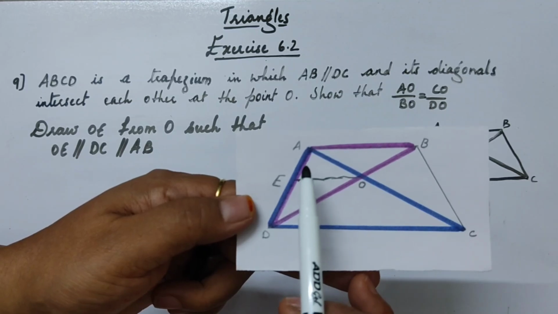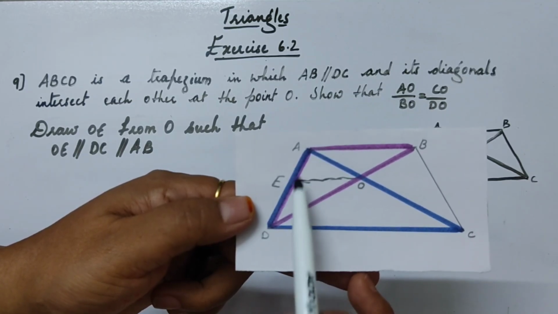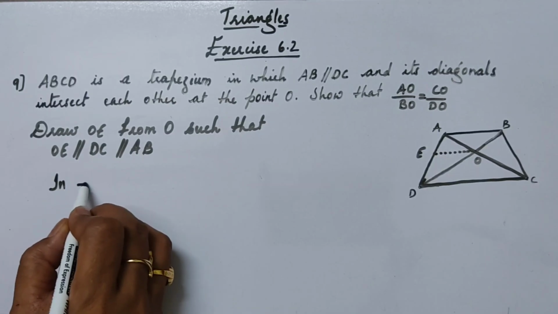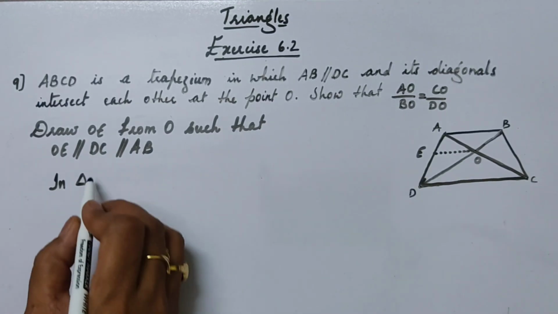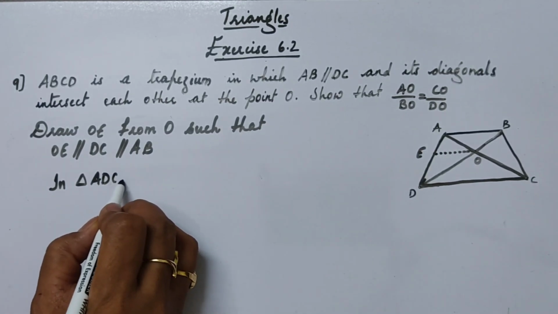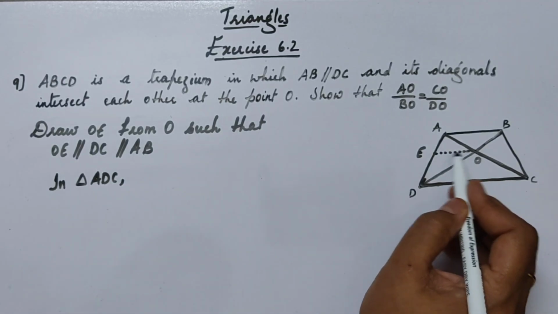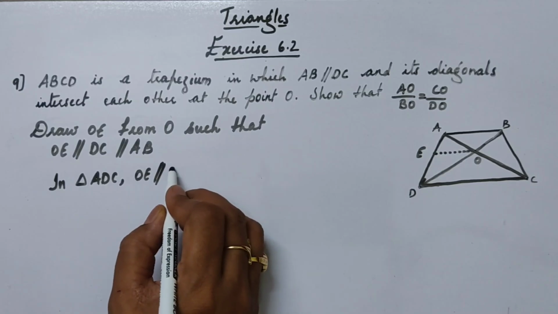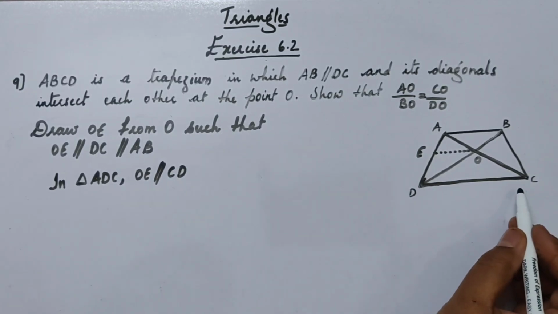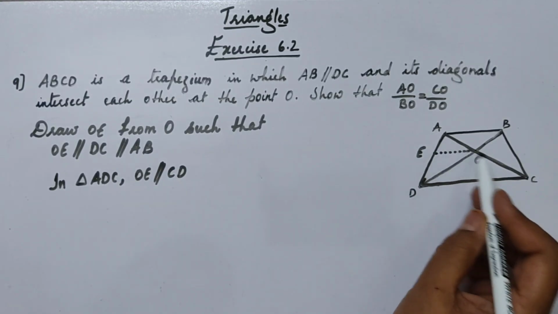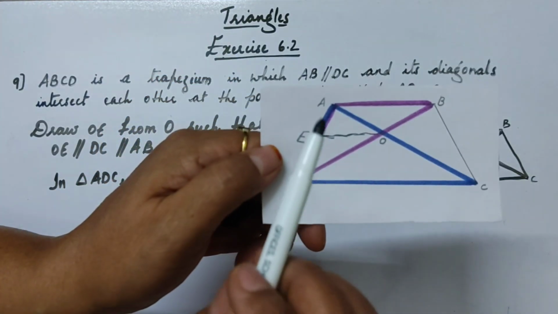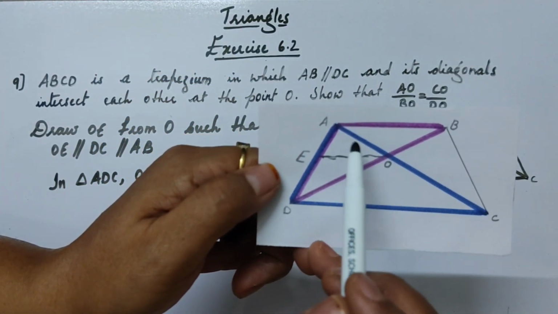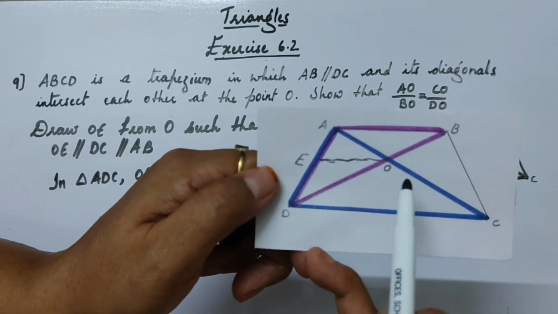Let us take the triangle here, that is, in triangle ADC, OE is parallel to the base CD. This is the base CD. Let me apply the Thales theorem here: AE by ED equals AO by CO.